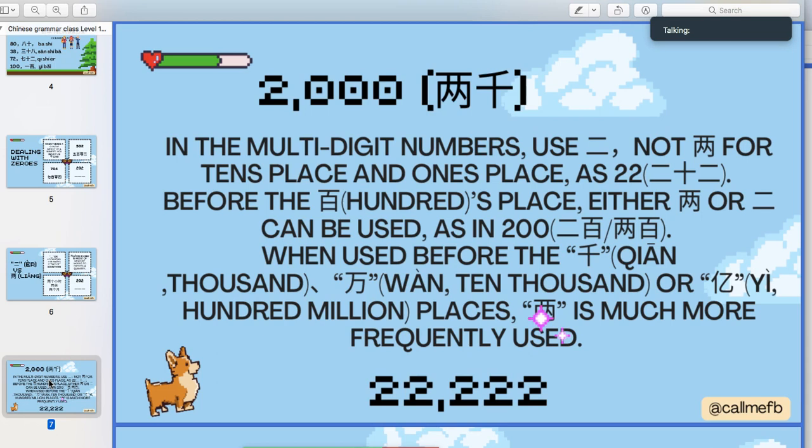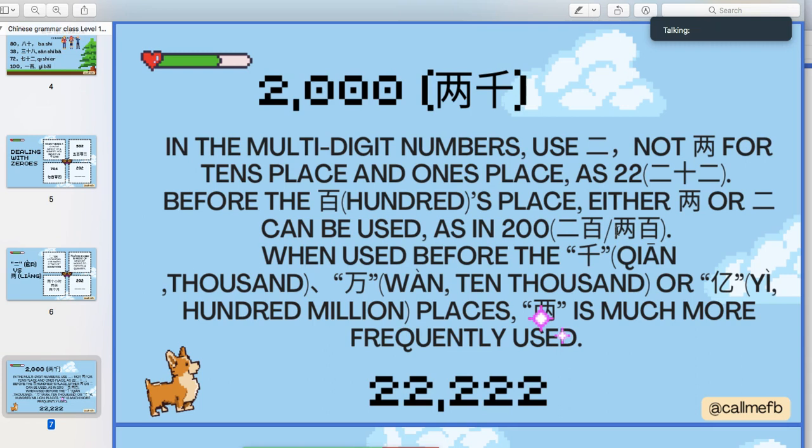For the tens place, and the ones that we normally use with units, we will go with R. Before the hundreds, we could go with either Liang or R. We could say R bai for 200, or we could also go with Liang bai for 200.